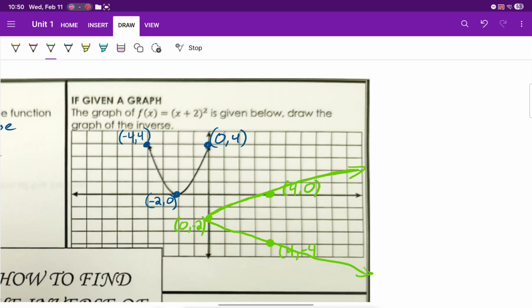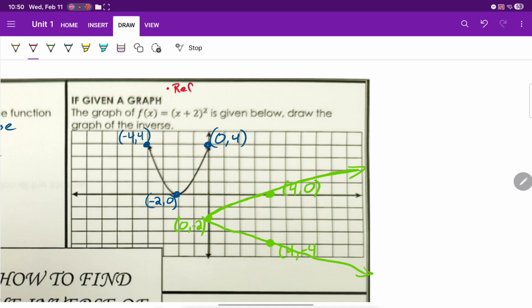Now, what you might notice is the green graph is actually a reflection of the blue graph, or the black graph there. And this is something you would have, or hopefully gone over in functions. Given a graph, it's being reflected.